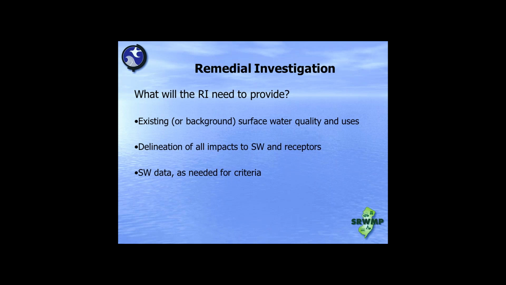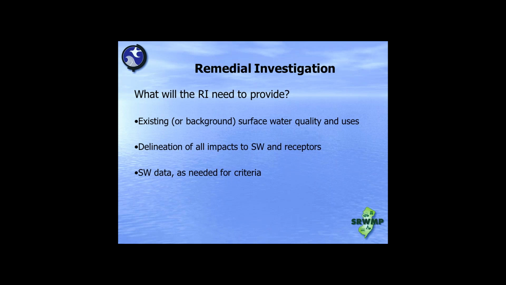So when you find contamination from the SI phase, the RI is then needed to delineate the actual extent of all your discharge zones and the horizontal and vertical extent of the impact in the surface water body, as well as receptors.